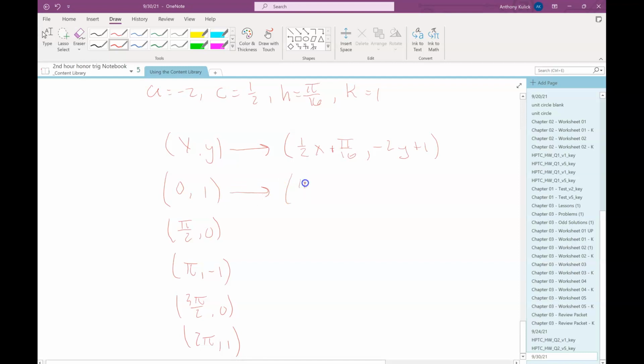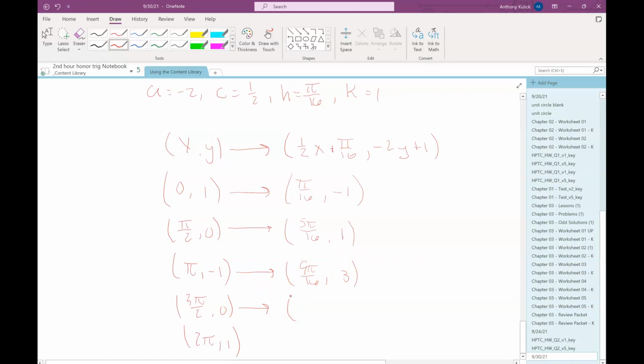So here, let's see. That becomes pi over 16 and then -1. This one becomes pi over 4 plus pi over 16. I think that's 5 pi over 16, comma 1. I'm just adding some fractions there. Half a pi plus pi over 16 is going to be 9 pi over 16, and then 3.